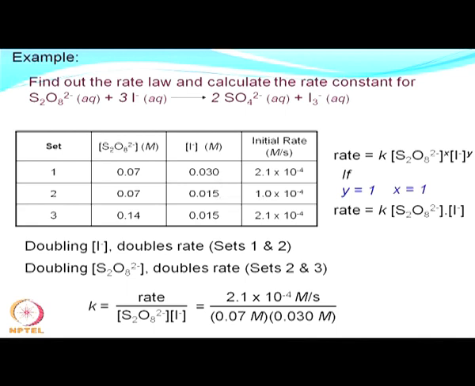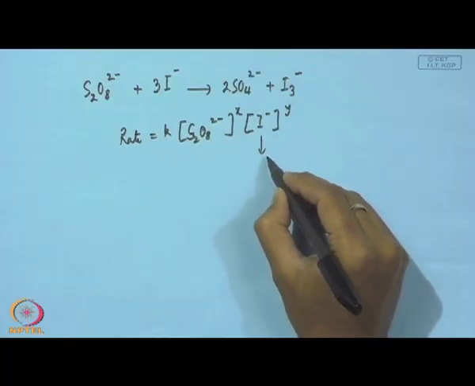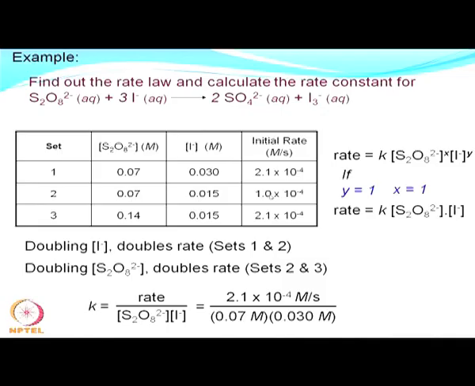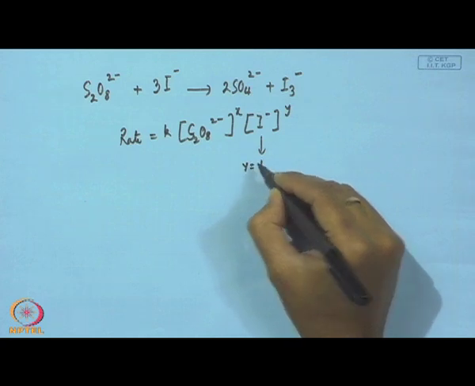You see that it is doubled, the rate is also doubled. That means we can say for sure that this power should be 1, otherwise if it is more than 1 or something else, then it should not have increased to the same extent. It is doubled, it is also doubled. So, we are now able to find out that y is equal to 1.